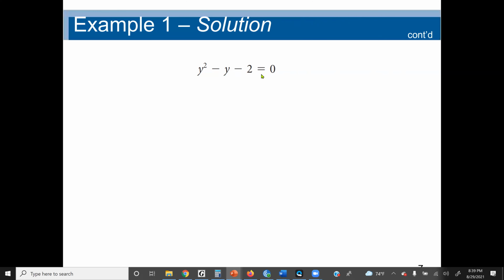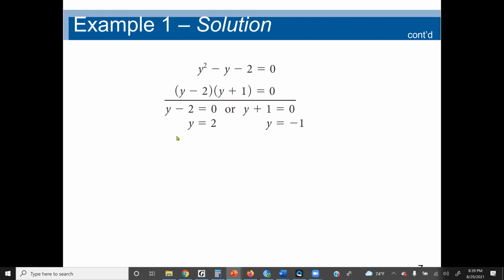Those two numbers will be minus 2 and plus 1. Minus 2 times plus 1 gives me minus 2. Minus 2 plus 1 gives me minus 1. So we get (y minus 2)(y plus 1) equal to 0.